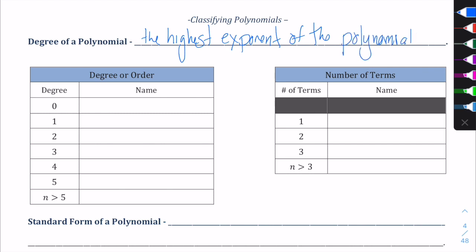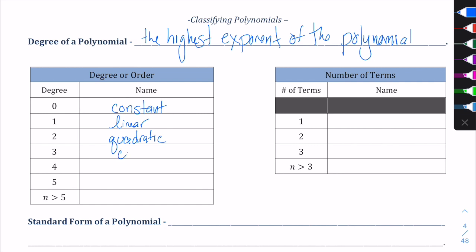Okay, so if we have a degree 0, like x to the 0, meaning there's no variable actually likely to be seen, we would say that is just a constant. If it's a degree 1, that is linear. Degree 2 is quadratic.